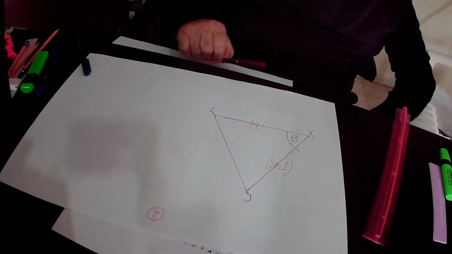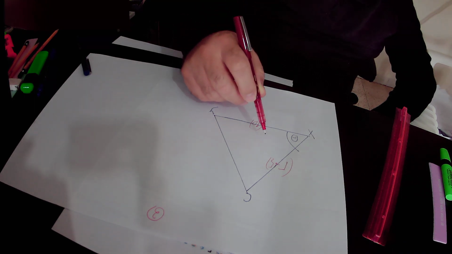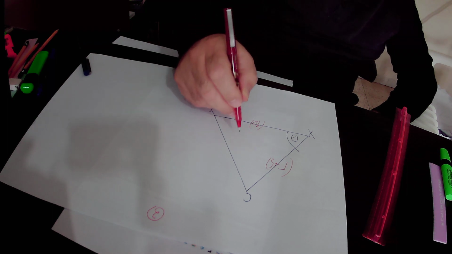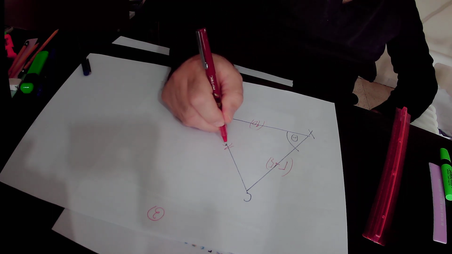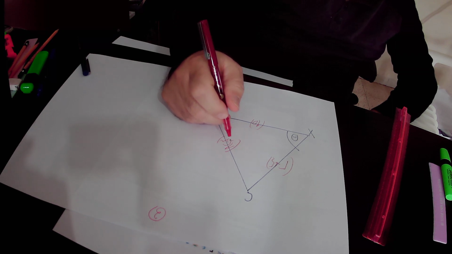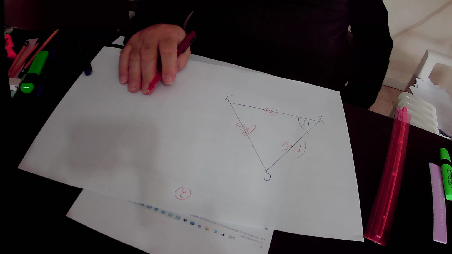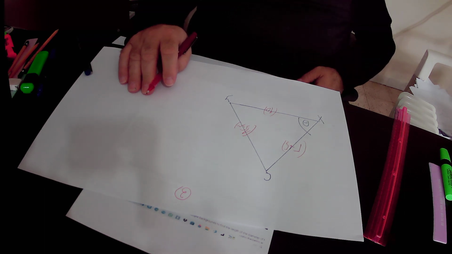And we have already found out that line segment CY equals 15 minus R. So we'll implement the law of cosines in this triangle CXY.